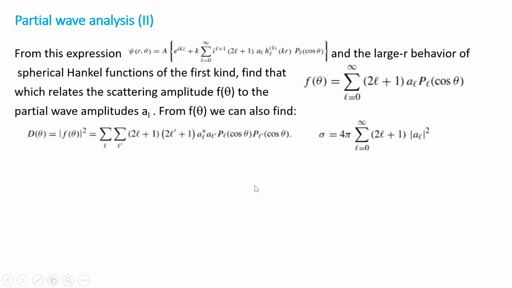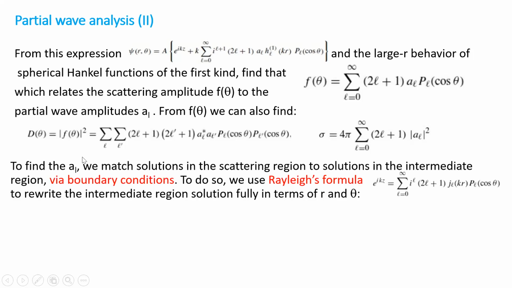So it's a really nice expression, which also justifies the fiddling with constants done before. Okay, so how do we find these A_L? They seem to be the key to finding the scattering amplitude f(theta), and then the differential cross-section and the total cross-section, which we can compare to experiment.